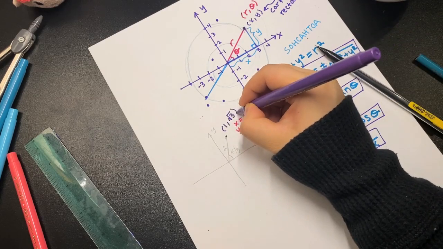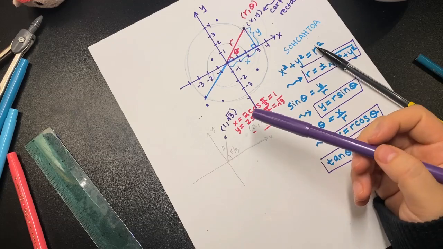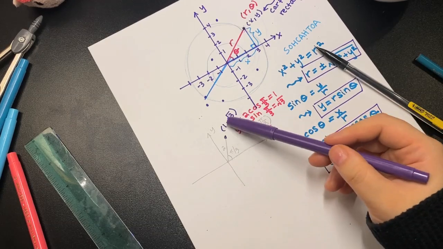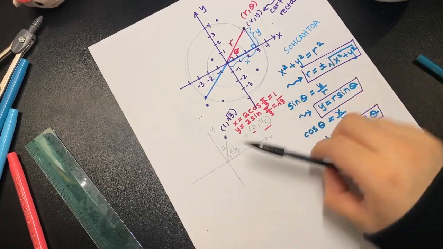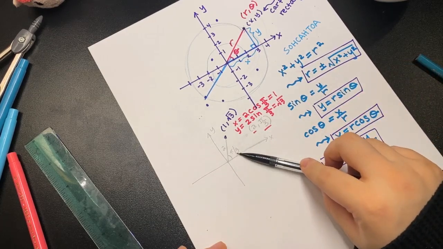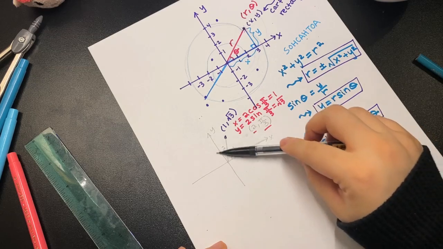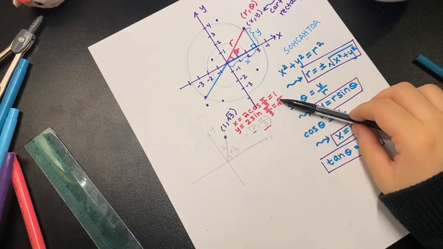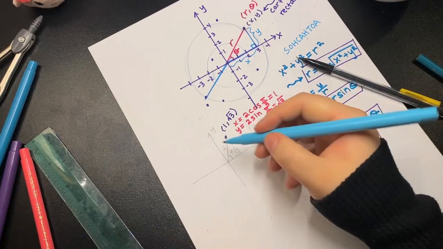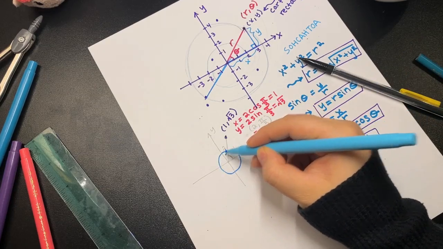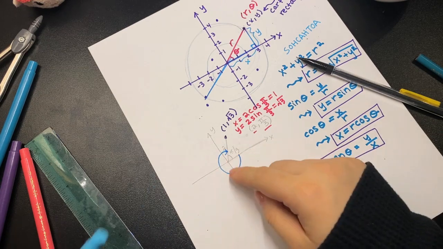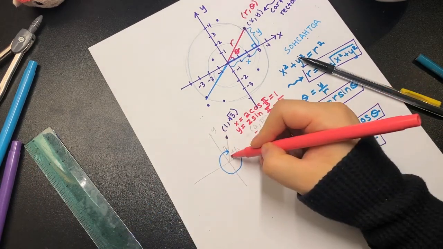So other polar coordinate pairings that give me the same 1 comma root 3, for instance, would be taking this pi over 3 angle and going the other way. So negative. This is going to get kind of confusing drawing it all on one, but to give you a feel for it, we have pi over 3, which is this bit here.